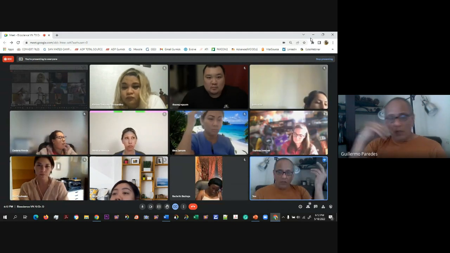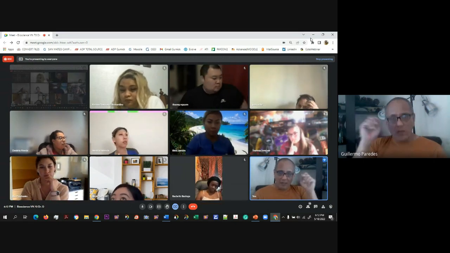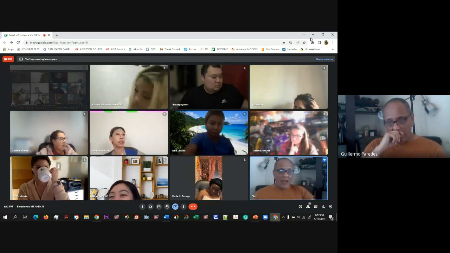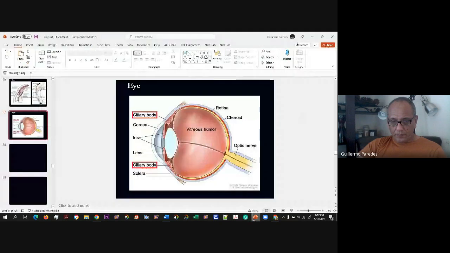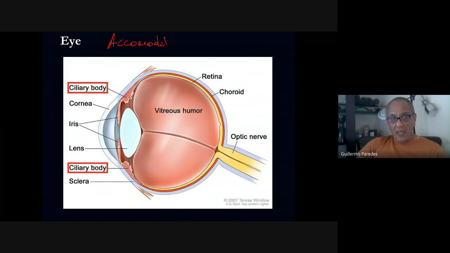So what you're going to do is to have the accommodation. Who is accommodating? It is the lens through the ciliary muscles. You okay with that? That is called the accommodation. Accommodation is the technical name for that, where the lens is going to change its thickness according to the distance that you're trying to look at.